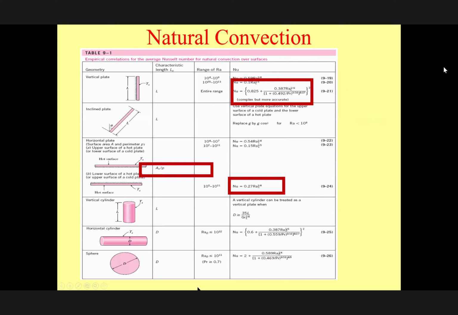You had a graph, if it is vertical, if it's inclined, and if it's horizontal, how to define your characteristic length. Okay, this is area, surface area, divided by perimeter of the plate. Okay, therefore this is the equation that you have. I just put it here, it doesn't mean anything, okay? As you said, sir, you are correct. Now we have to calculate the Rayleigh number.